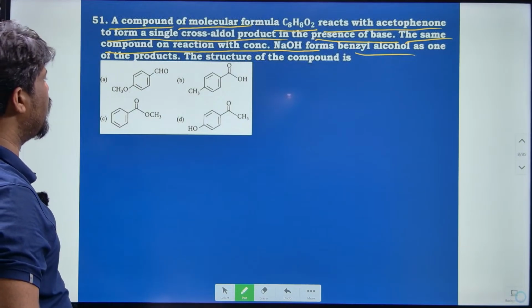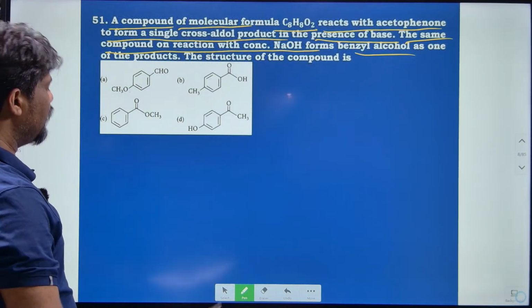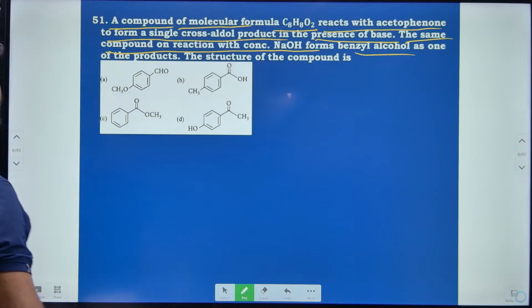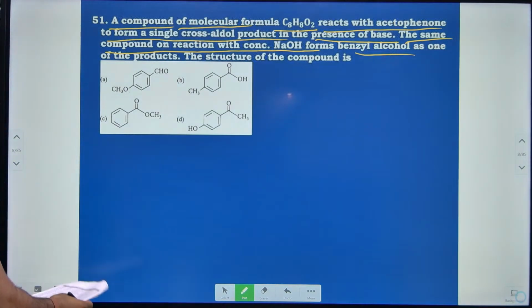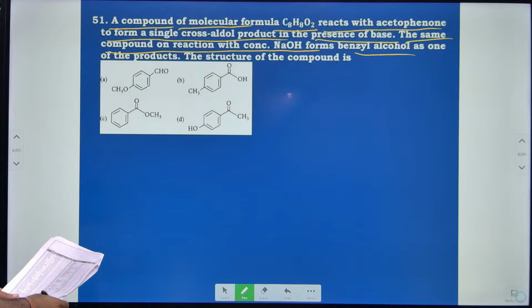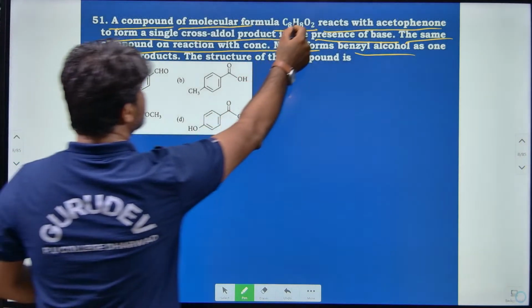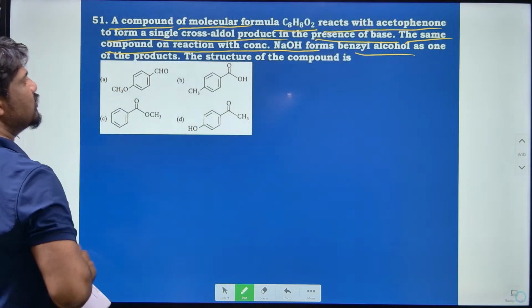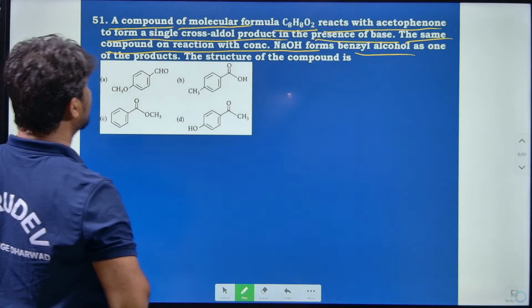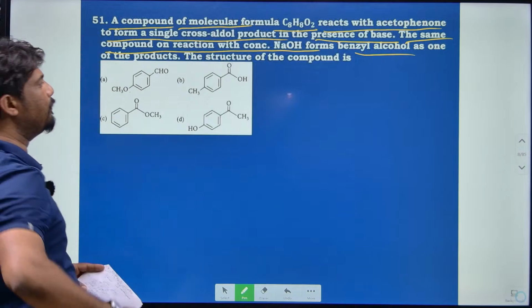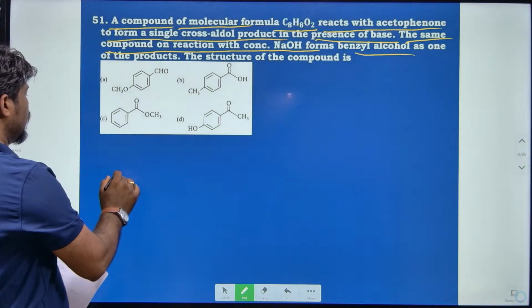So we can get the benzyl alcohol from which molecule when it is treated with NaOH? It is one of the easiest concepts. See here, this molecule treated with acetophenone undergoes cross aldol condensation and gives a single product. So which is the molecule?